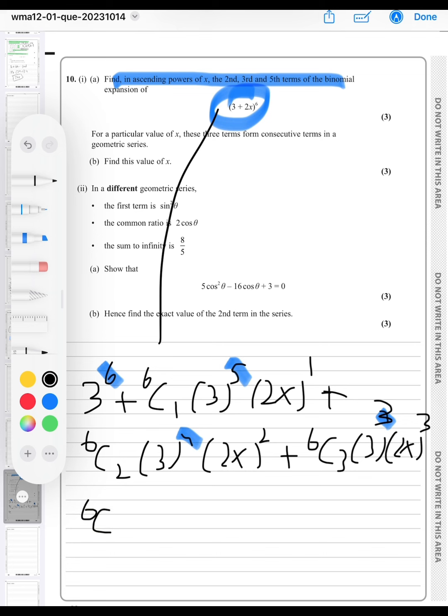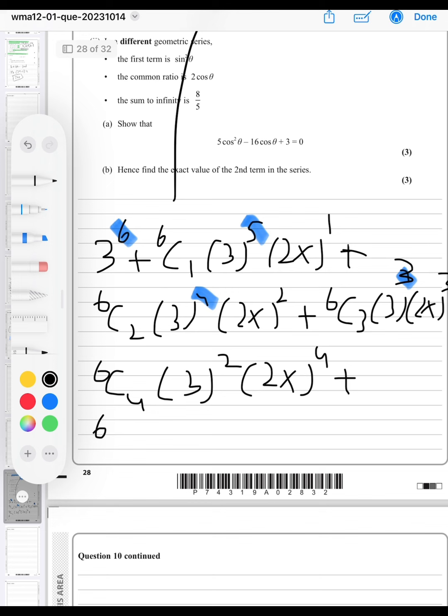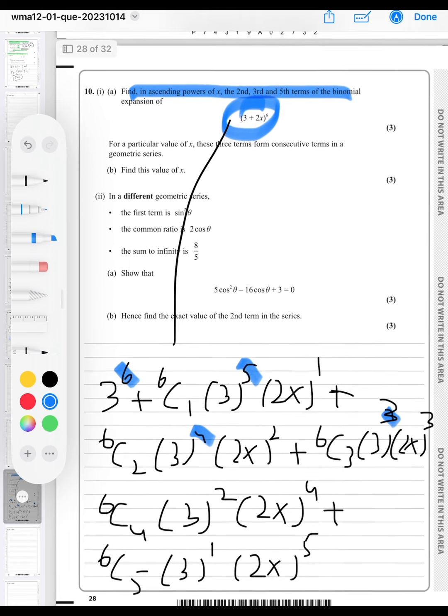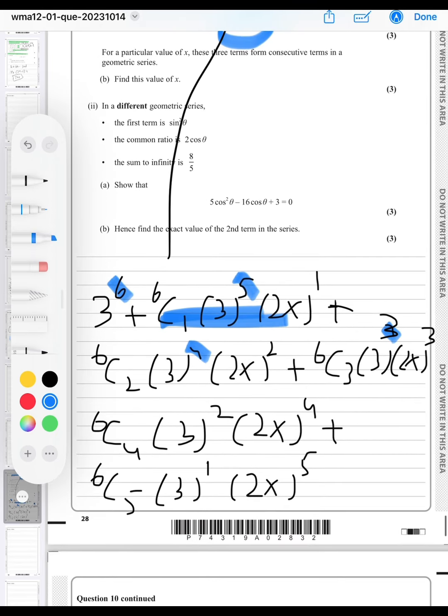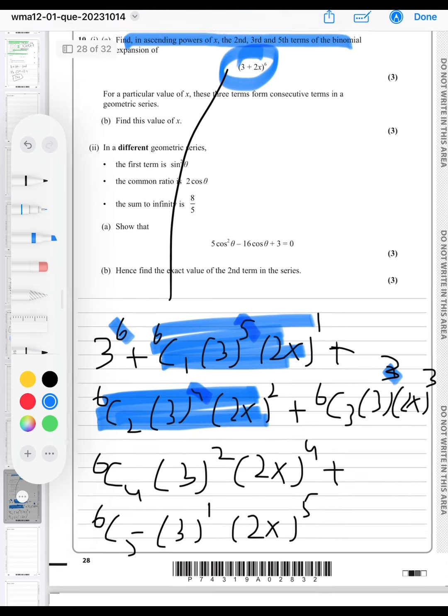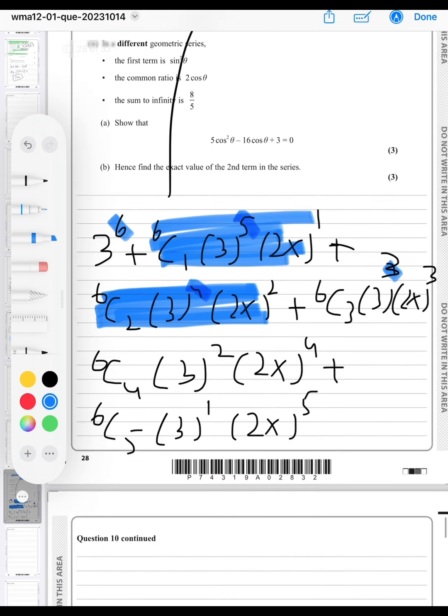Then 6c4 3 to the power of 2, 2x to the power of 4, then 6c5 3 to the power of 1, 2x to the power of 5. They asked for the second, third, and fifth terms. So this is the second term, this is the third term, and this is the fifth term.